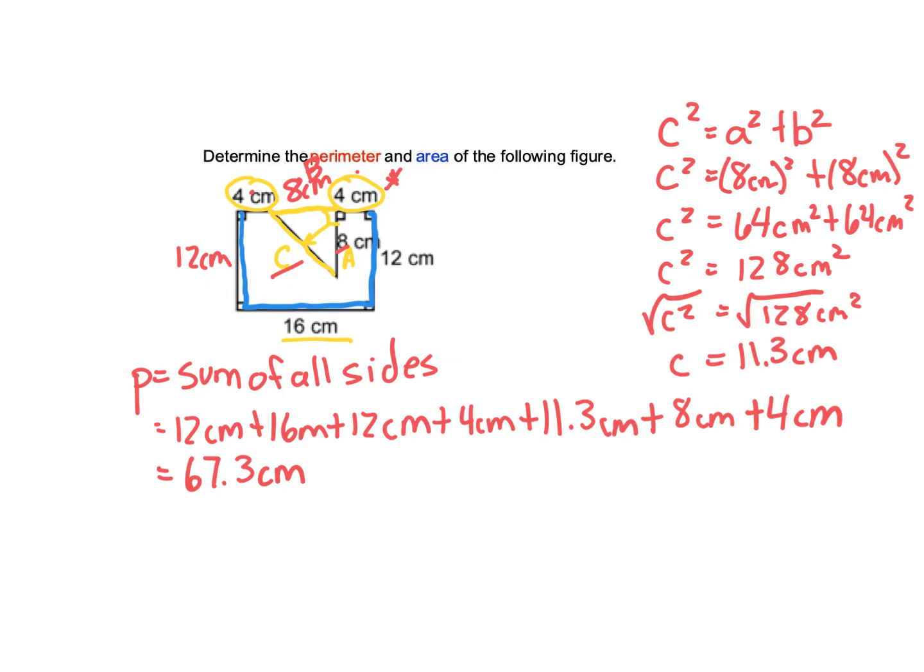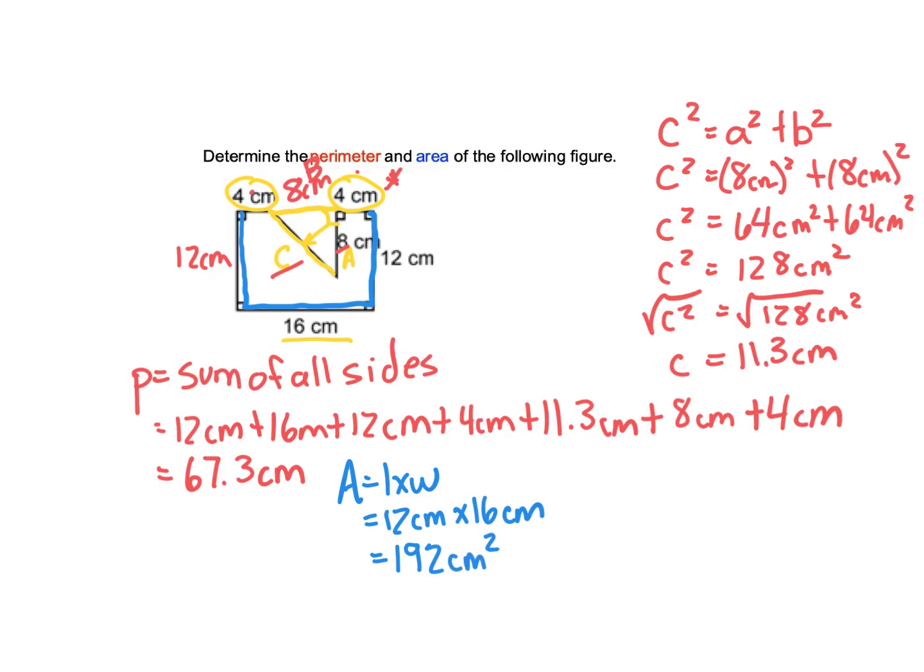So I would be able to do the area of the large rectangle, subtract the triangle, and what's left should be the area of that complex shape. So if I do A equals length times width, I can do 12 centimeters times 16 centimeters. That will give me 192 centimeters squared.